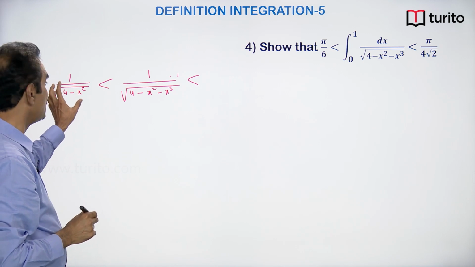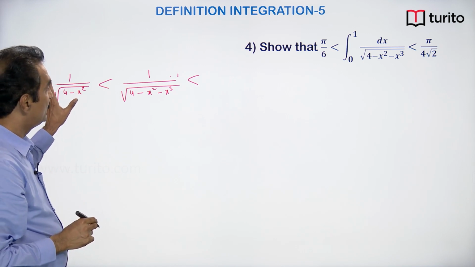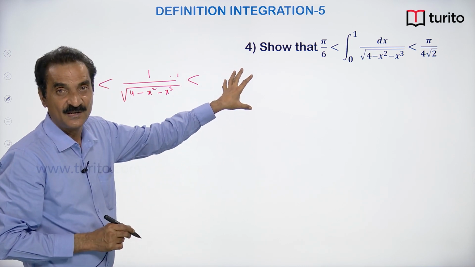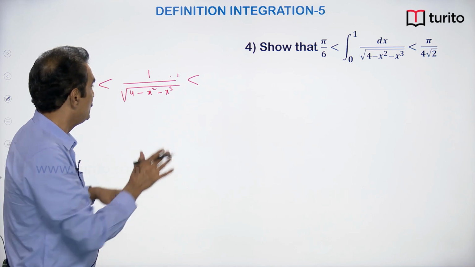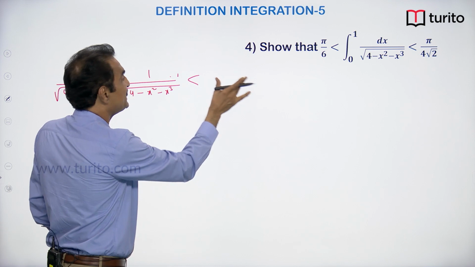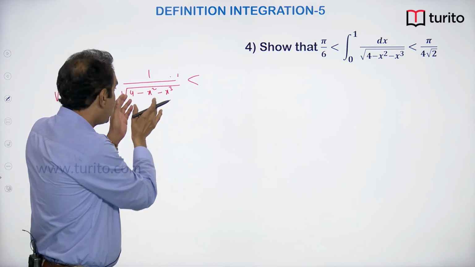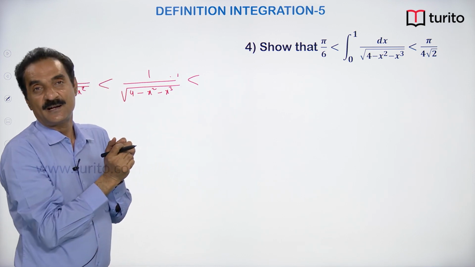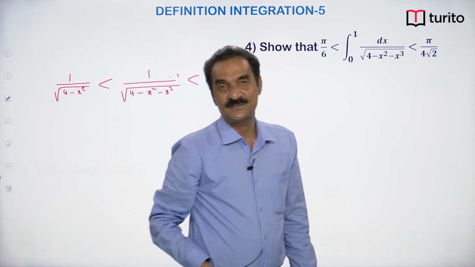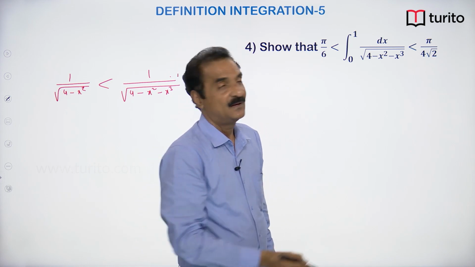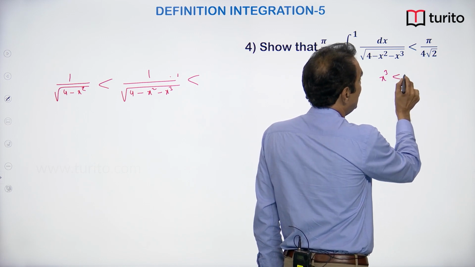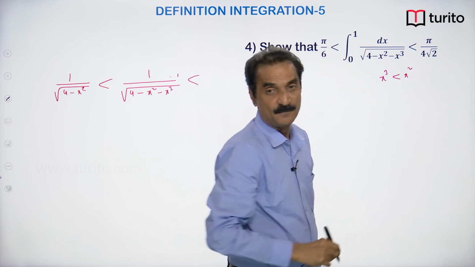Now, you see this can be integrated. Now, this is less than something. So, here I have to write something which is integrable. We have to write some function which is larger than this. Then I have to decrease the denominator. In the interval 0 to 1, when the power of x increases, the value decreases. So, x cube is less than x square in the interval 0 to 1.